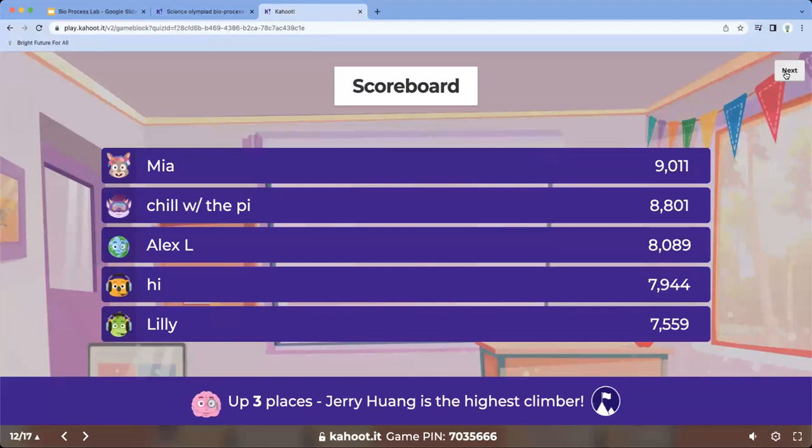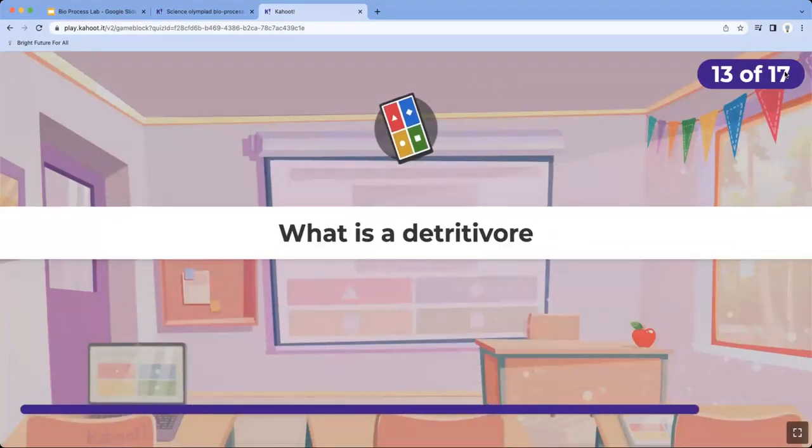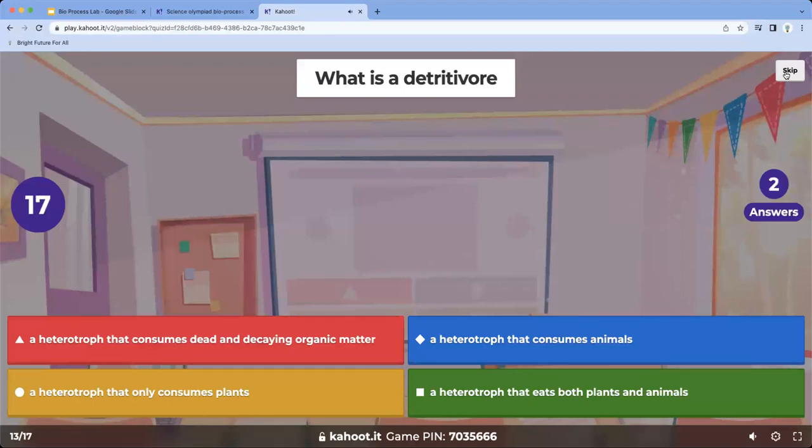This would usually not be tested in bioprocess lab, but they test a really weird variety of topics. So general knowledge is good to know. I think green glitched or something.